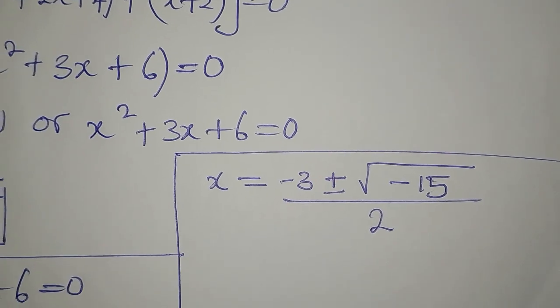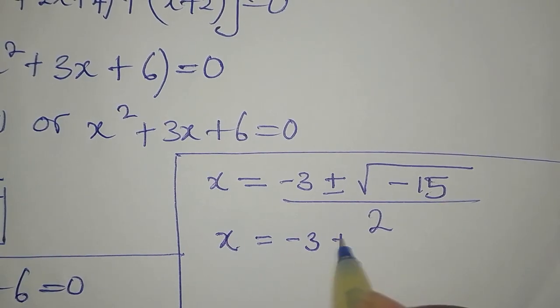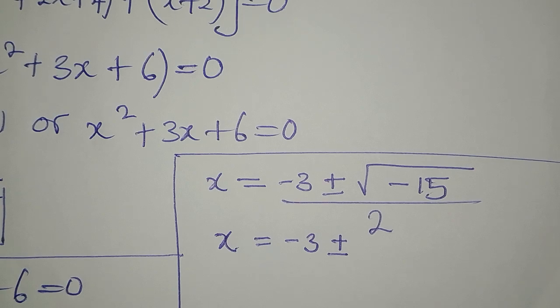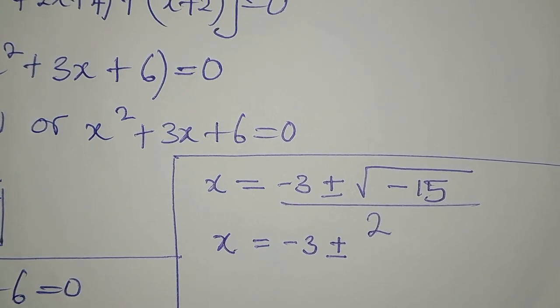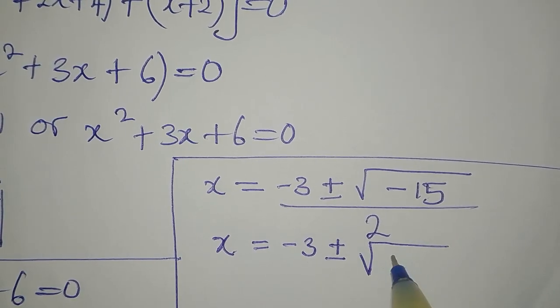Remember that the square root of minus 15 is going to lead us into a complex solution. We're going to have a complex solution from there. So because of that, let's pick out the negative from there.